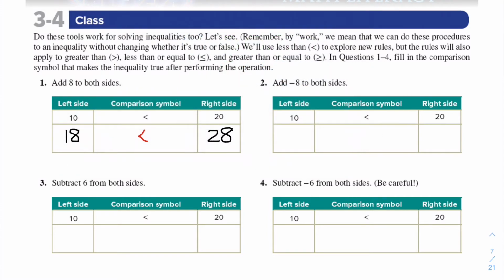Now if we add negative 8, 10 plus negative 8 would be 10 minus 8, so you get 2. 20 plus negative 8 would be 20 minus 8, so you get 12 over here. Same thing, the inequality goes towards the bigger one, so it's going to go towards the 12. Okay?